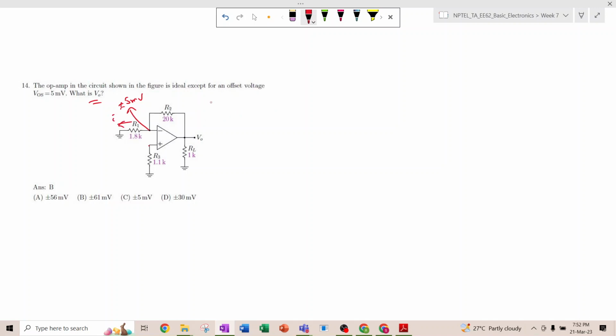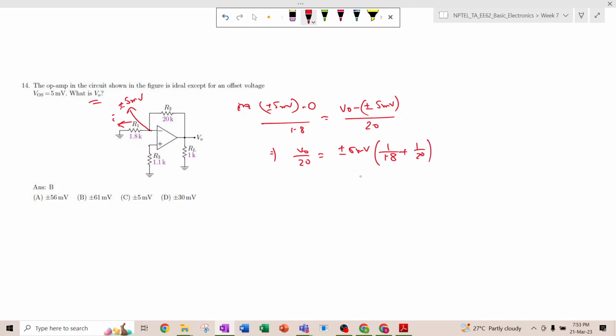If it refers to I, suppose this is plus minus 5 millivolt, so plus minus 5 millivolt minus 0 divided by 1.8 is equal to V naught minus plus minus 5 millivolt divided by 20k, right? So V naught divided by 20 is equal to plus minus 5 millivolt into 1 divided by 1.8 plus 1 by 20, right?